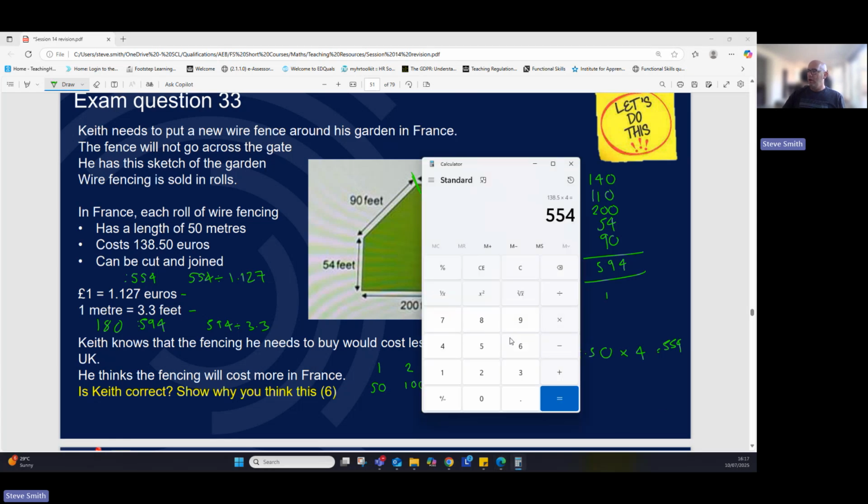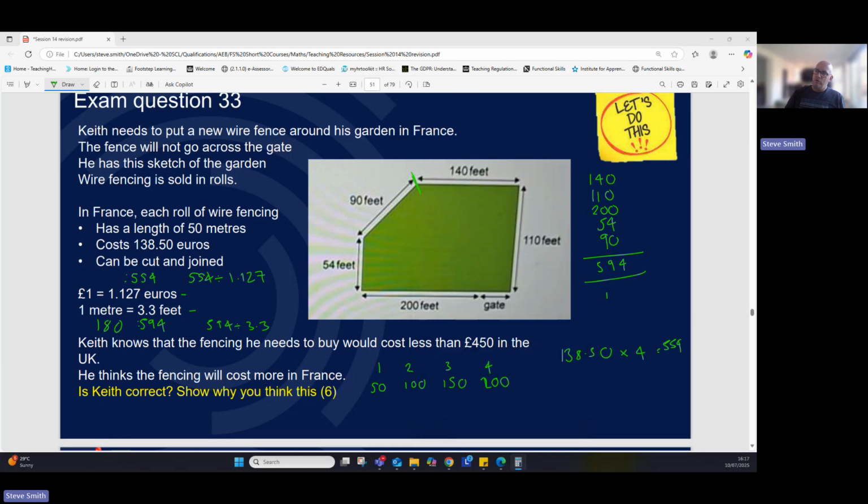Right, let's go. 554 divided by 1.127 equals £491 and 57p. 491.57 is our answer. Keith knows that the fencing he needs to buy would cost less than £450 in the UK.